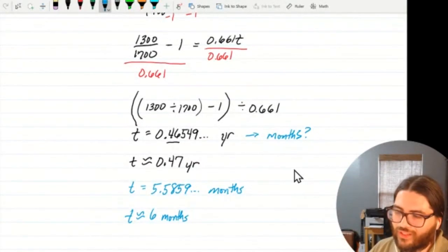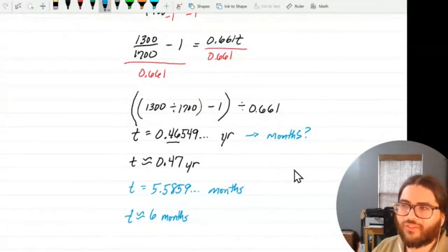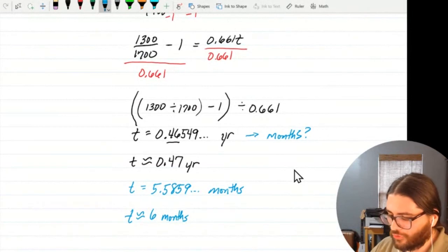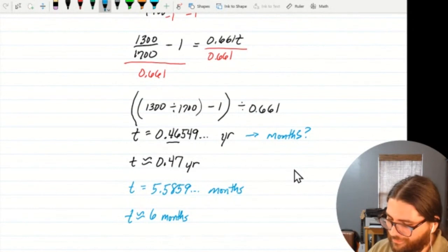And I definitely wouldn't ask for any decimal places if I had a time value smaller than months, like weeks or days. I don't want to know like 2.6 days. That's not useful. We'll try to stick to rounding to values which are actually useful in this class.